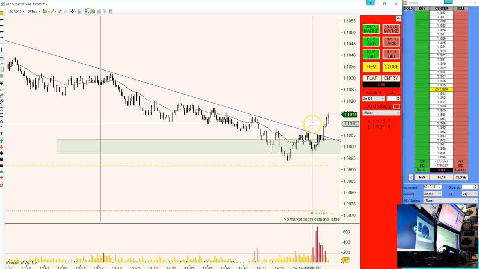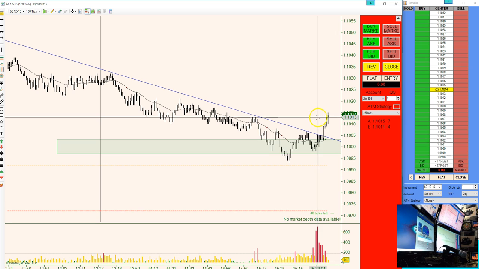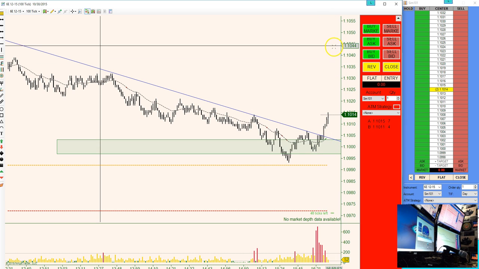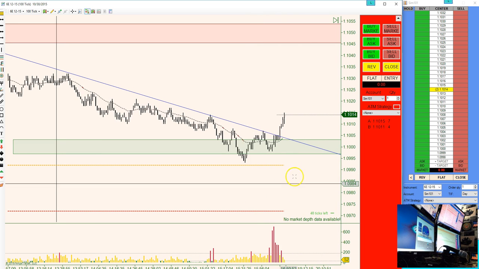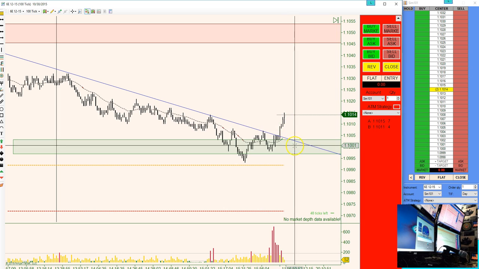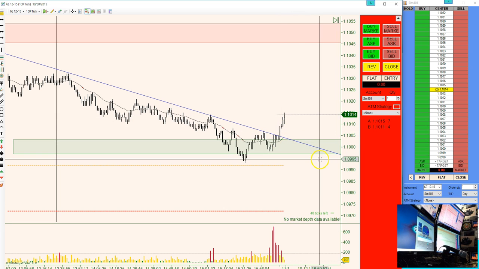So again, for the opening later today and really for tomorrow morning, I'll be looking for this to trade probably back up here, retest this area before heading back south. And if it does turn south, then I'll be watching for this trend to continue of lower highs, lower lows.